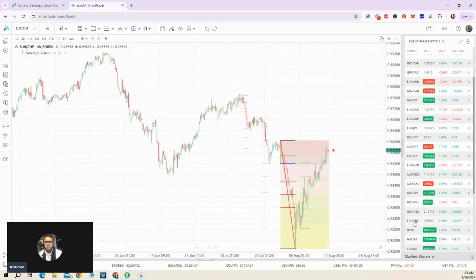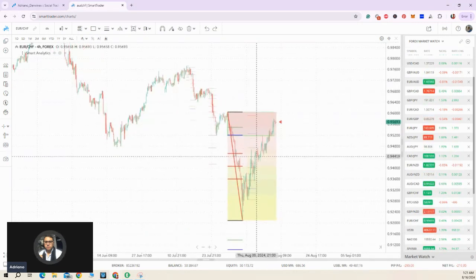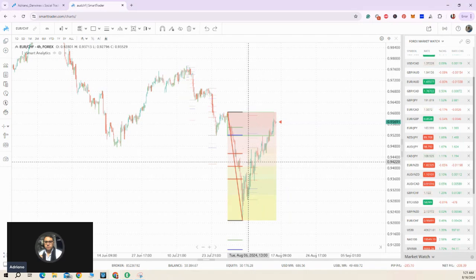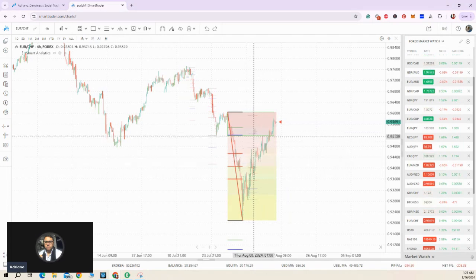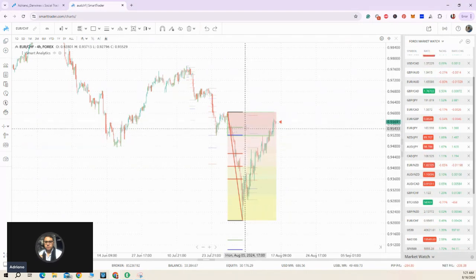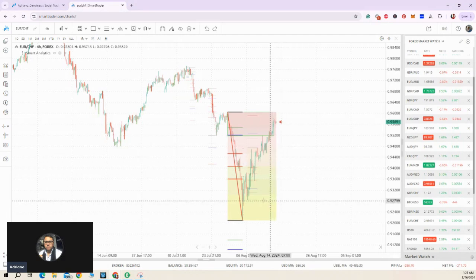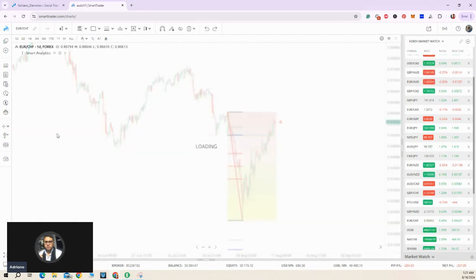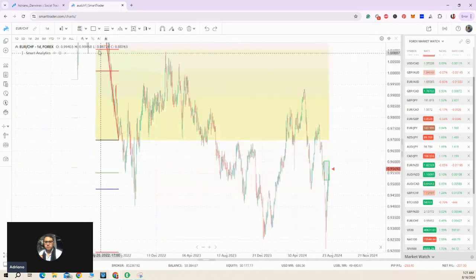Euro CHF. It's the same thing as the USD CHF. Even though it's on a downtrend, the trend is bearish on the 4 hour, on the daily, and on the weekly.